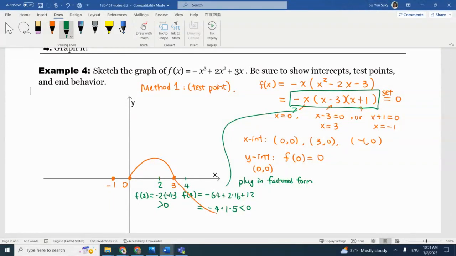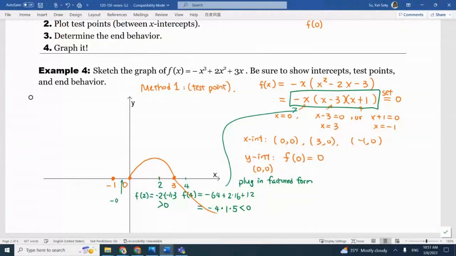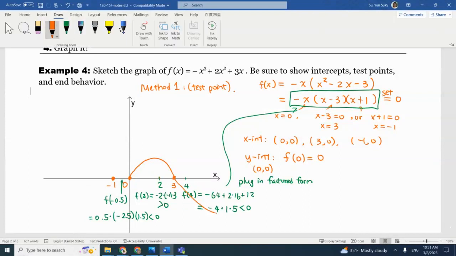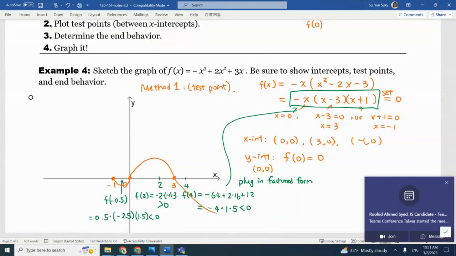Okay, between negative 1 and 0, we pick negative 0.5, right? What is f of negative 0.5? Negative of negative 0.5 becomes positive 0.5. 0.5 minus 3 is negative 2.5, right? 0.5 plus 1 is 1.5. Positive or negative? Negative. So above or below the x-axis? Below.